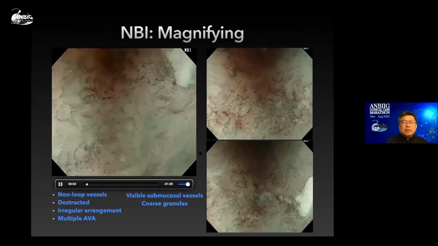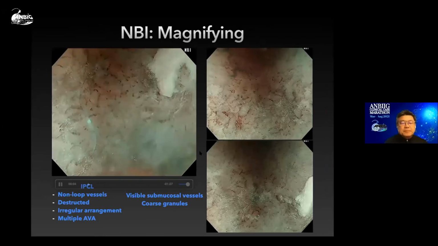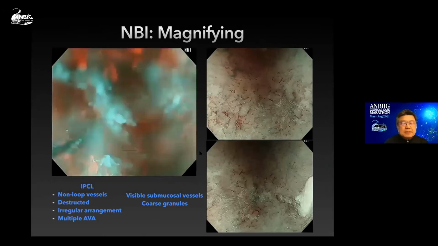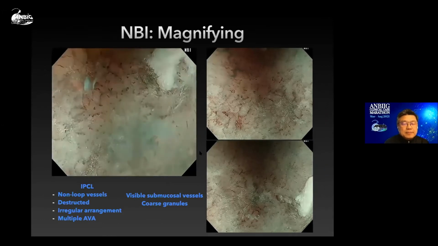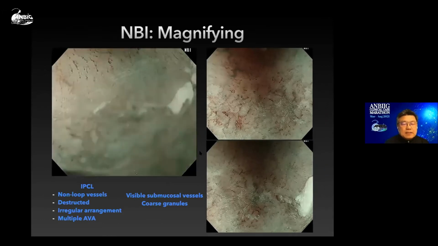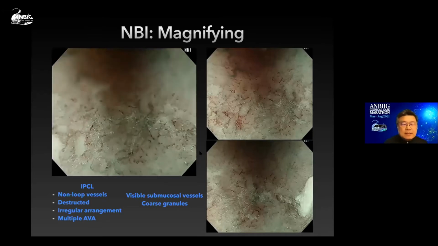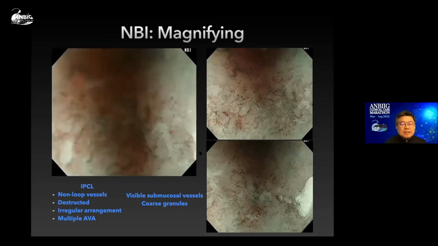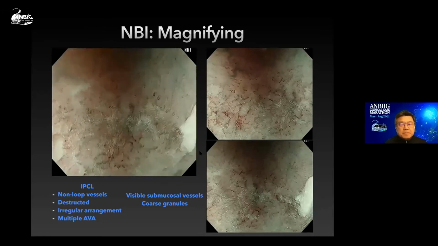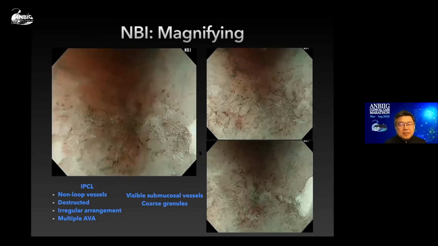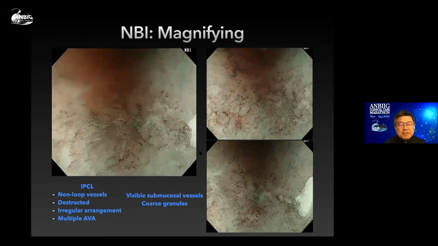This is NBI magnifying endoscopy. Focus on the IPCL. Very different from the first case, right?